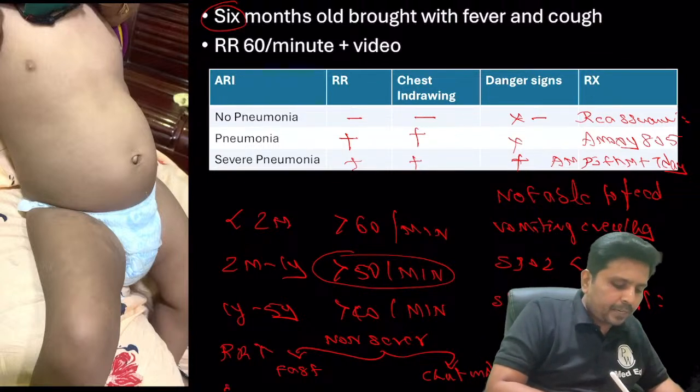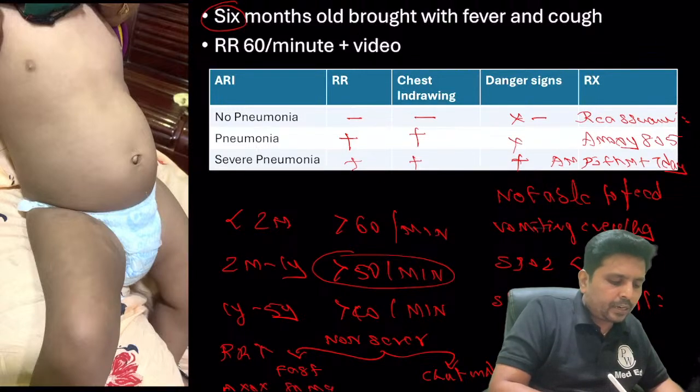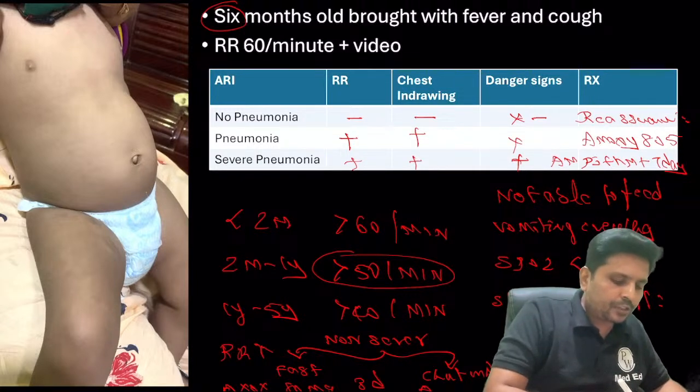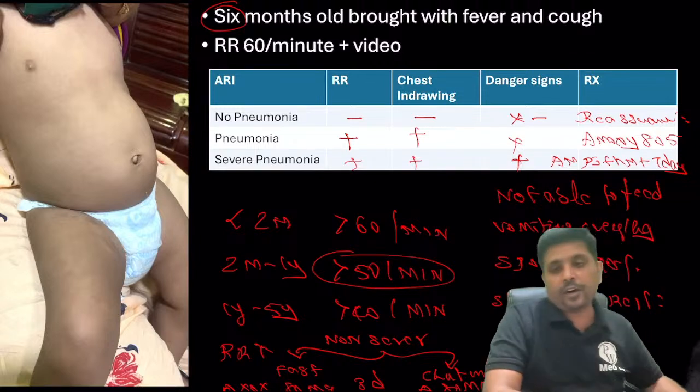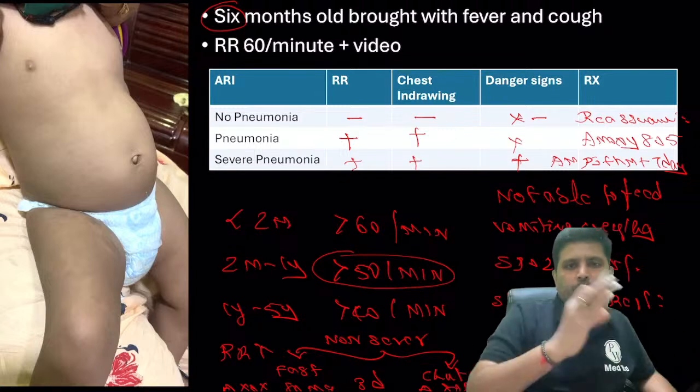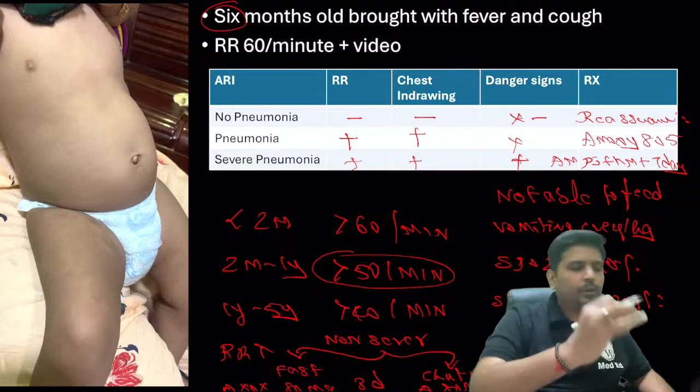For fast breathing pneumonia, amoxicillin 80 mg per kg in two divided doses for 3 days. Whereas for chest indrawing, the same amoxicillin, the same dosage 80 mg per kg, but for 5 days. So this is with respect to our first question on the ARI control program.